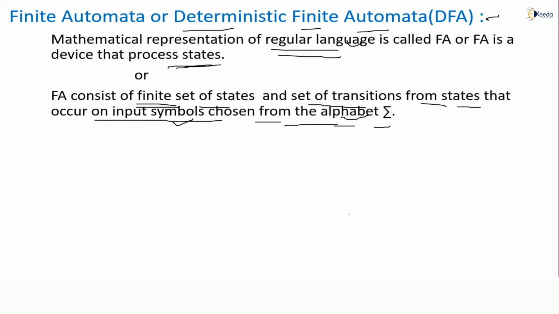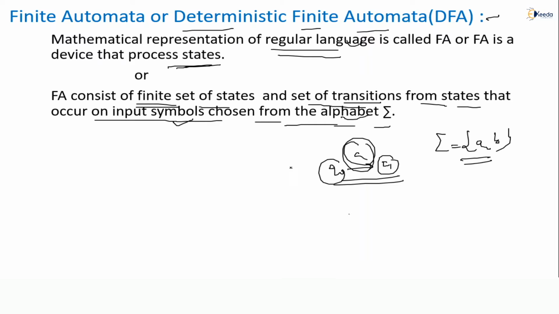These are the basics we have observed already, right? Transitions look like this: Q0 on a goes to Q1, a transition from state to state that occurs on an input symbol. This is the input symbol, chosen from the alphabet. If I take the alphabet a, b, we will understand with the example.